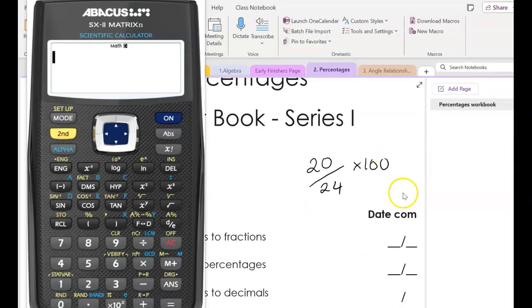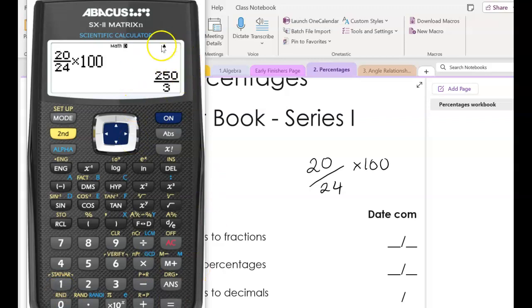So if I was to work this out as a percentage on my calculator, I'd get my fraction button, which is the D over E button, and I'd pop in 20, arrow down at the top there to get to 24. And then you could either press equals, or you might straight away just go and times by 100. So either way, as long as you're getting your answer, that's 20 over 24 times 100.